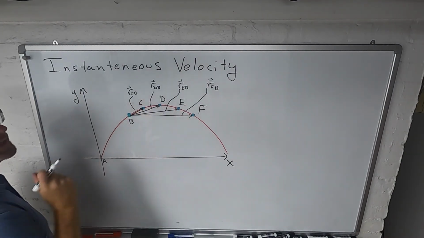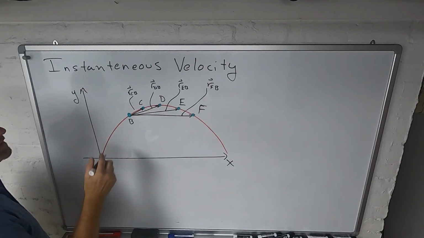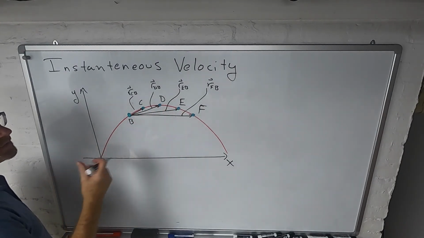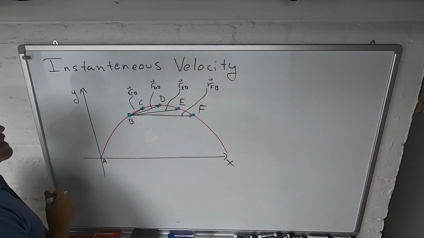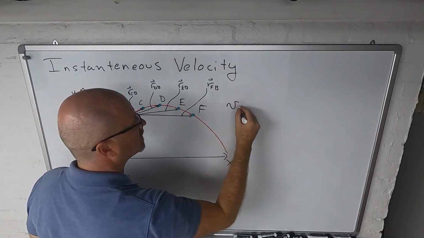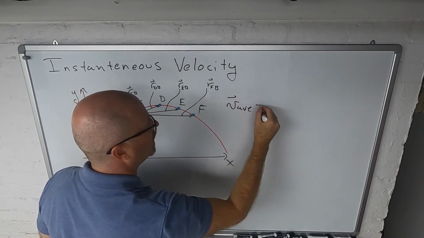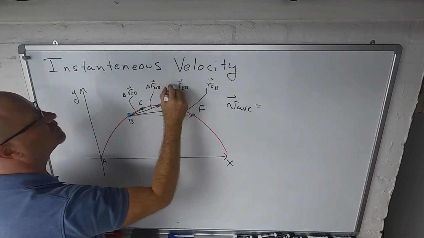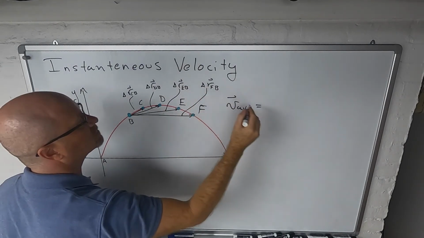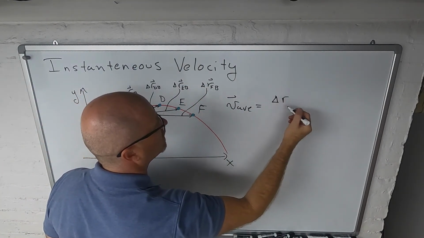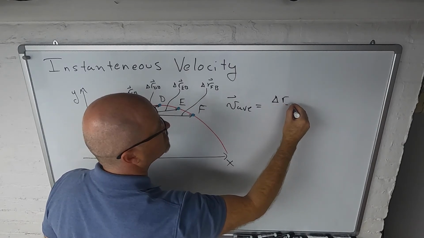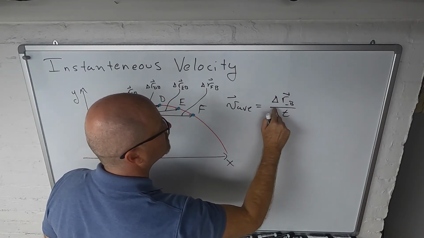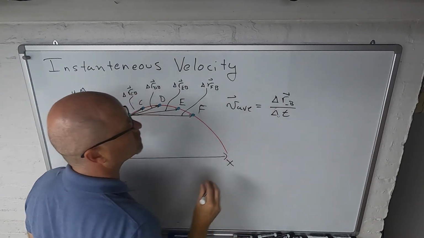I don't know the time that it takes yet, but I know there's some delta t's, and I'm going to say that each interval is separated by the same amount of time. It doesn't really matter so much. So to construct the average velocity, I need to take my delta r, and that's from some point to B, over the delta t of that particular interval.